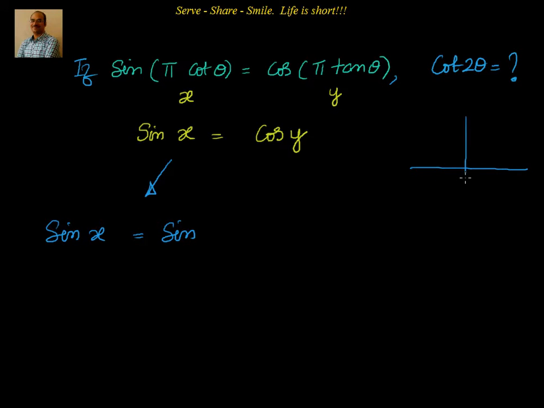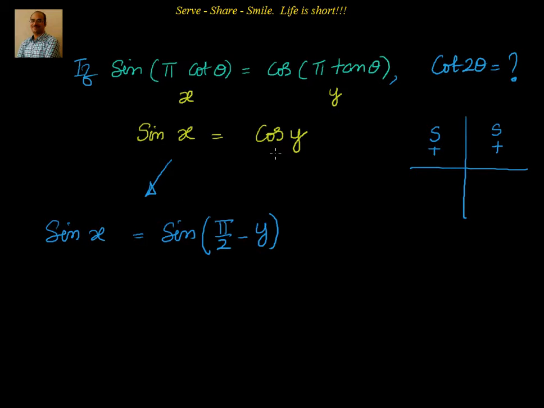Let's go to the four quadrants. We know that sine is positive in the first and sine is positive in the second. So can I say that sin(π/2 − y) is one option I have? The other option is sin(π/2 + y).